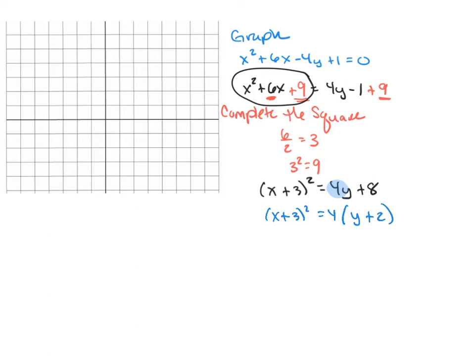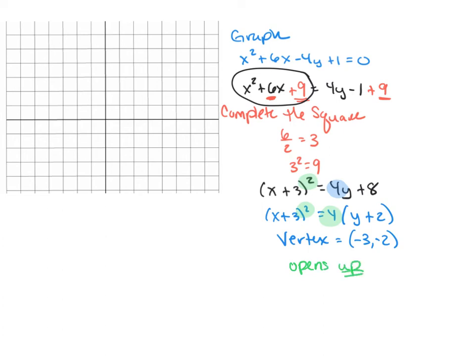Terrific. Now I can see that I have a vertex at (−3, −2). I can also see that since the x is being squared, and since this is a positive 4 in front, I can also tell that this opens up.